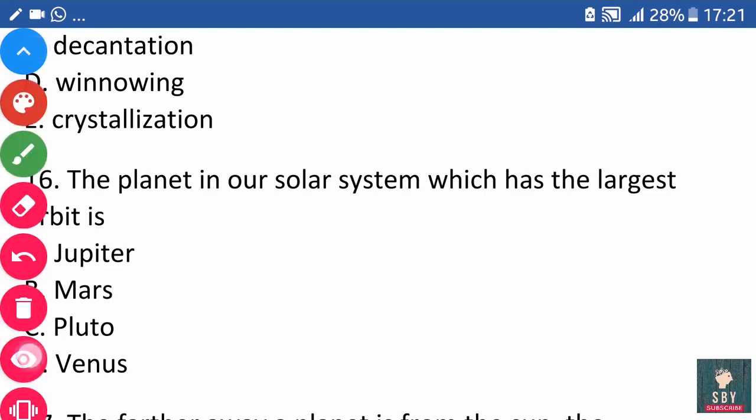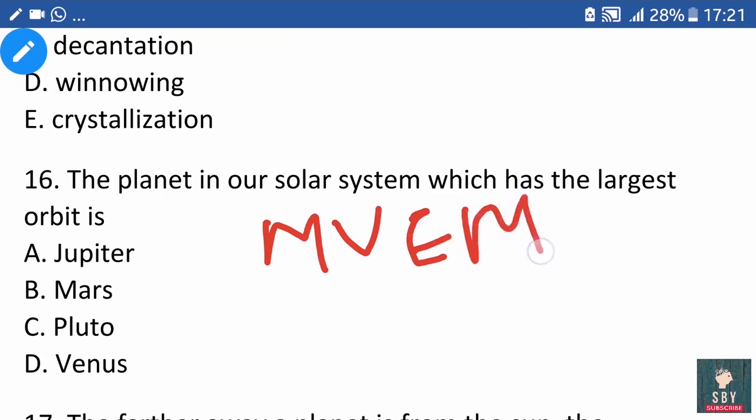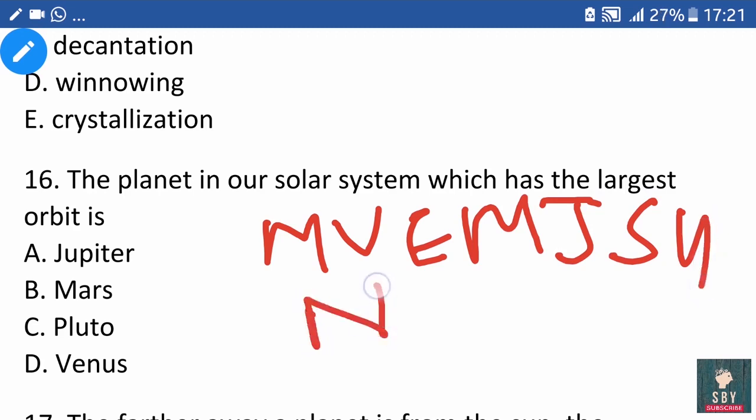So there is this mnemonic to remember the planets: My very eyes may just see under 9. Initially it was 9 planets, but because Pluto is no more a planet, which of them has the largest orbit?